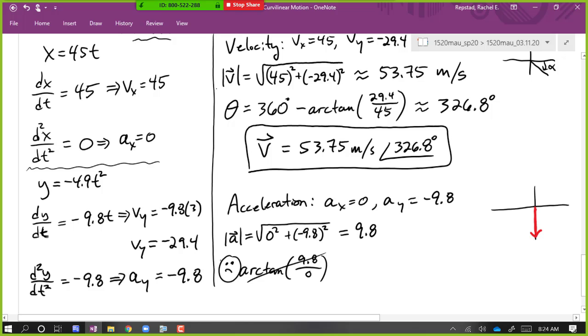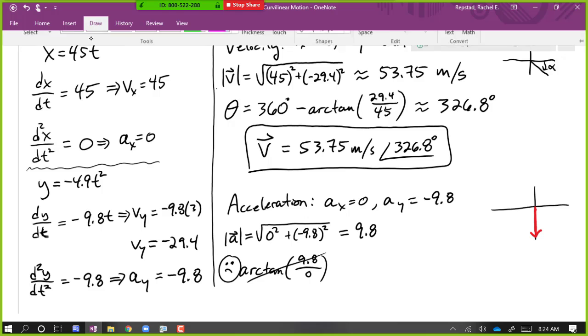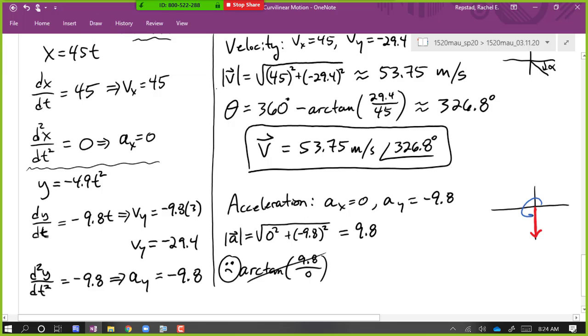But look at where this vector is. I drew that vector, it's straight down. What angle is that? 270. Yeah.